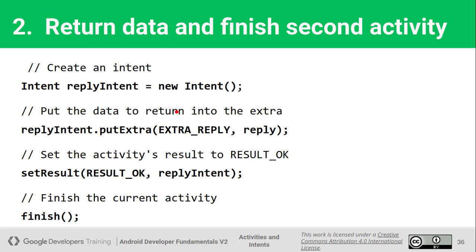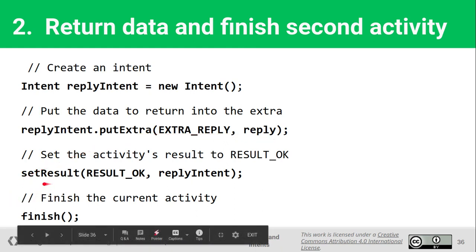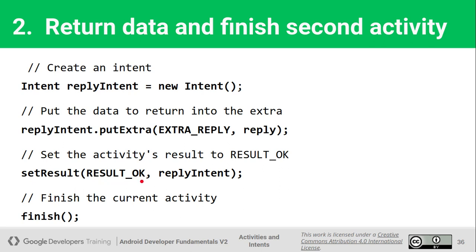Return data and finish the second activity. On the second activity, how do we return data? We create a new intent object, for example replyIntent. We put a message using putExtra, in a similar way as we put an extra from the first activity to the second activity, and then we set the result parameter as RESULT_OK.